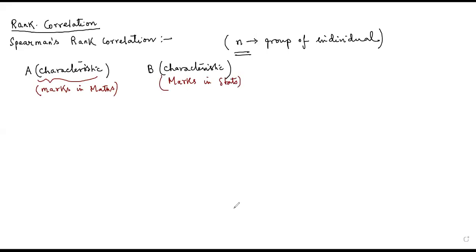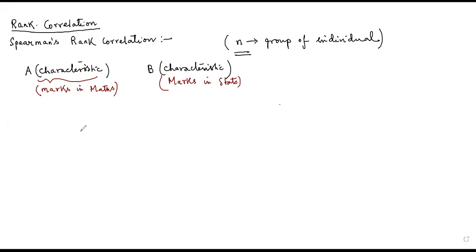So these are the characteristics on the basis of which we have arranged the group of individuals with respect to their proficiency and their merit.